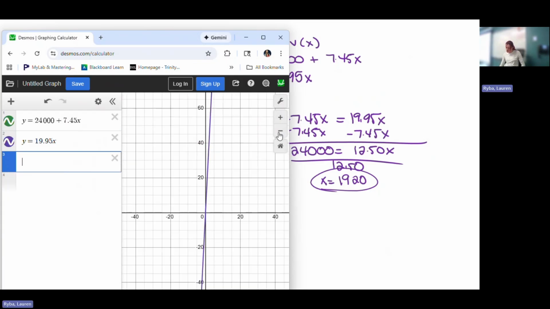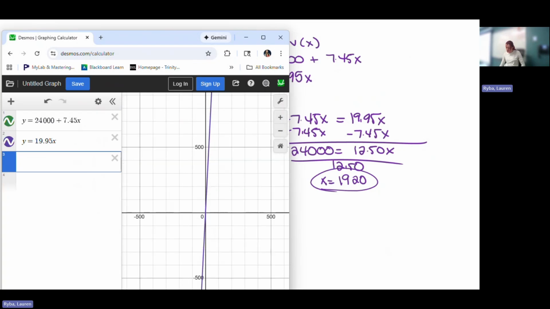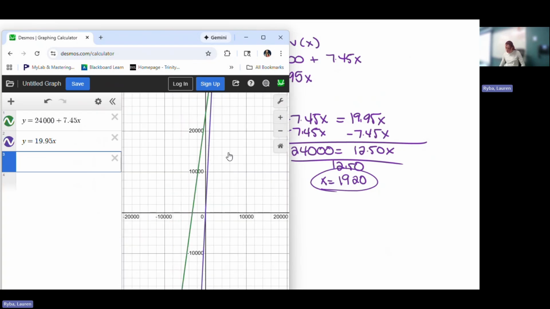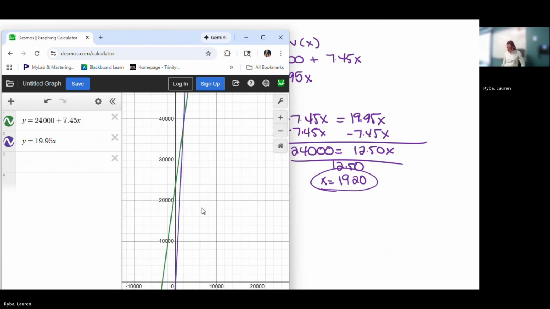Now for these, generally, you're going to have to zoom out to be able to see both equations. All you got to do is click on one of them. You'll see that point where they intersect is now gray. Once I click on it, it's there. If I want it to mark on the other side, I can click this and it puts it on the other side here, and I can label it on my graph.